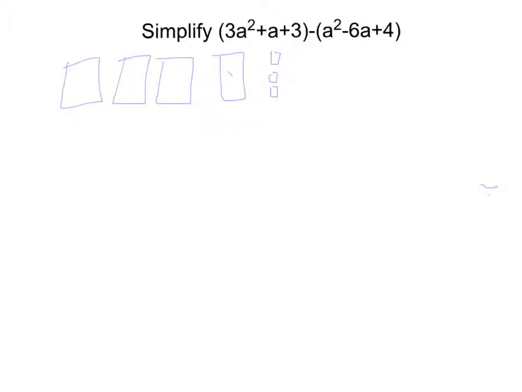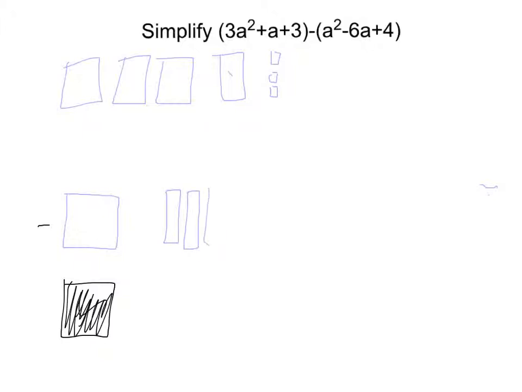And then we have to subtract in a positive a squared. And since we're subtracting, we also have to put in their opposites, so let's do that. Then also a minus 6. So 1, 2, 3, 4, 5, 6. But those are negatives, so I have to color them in black. Those are your first and last terms in the problem.